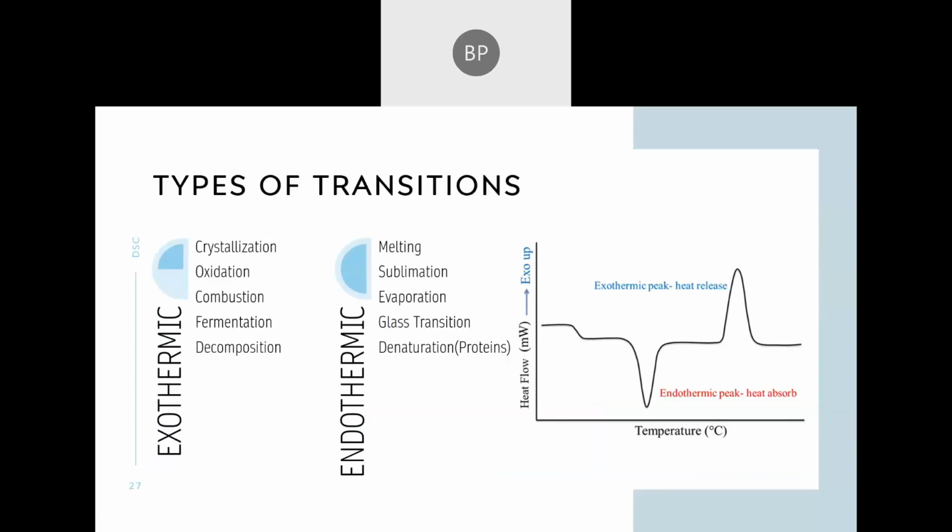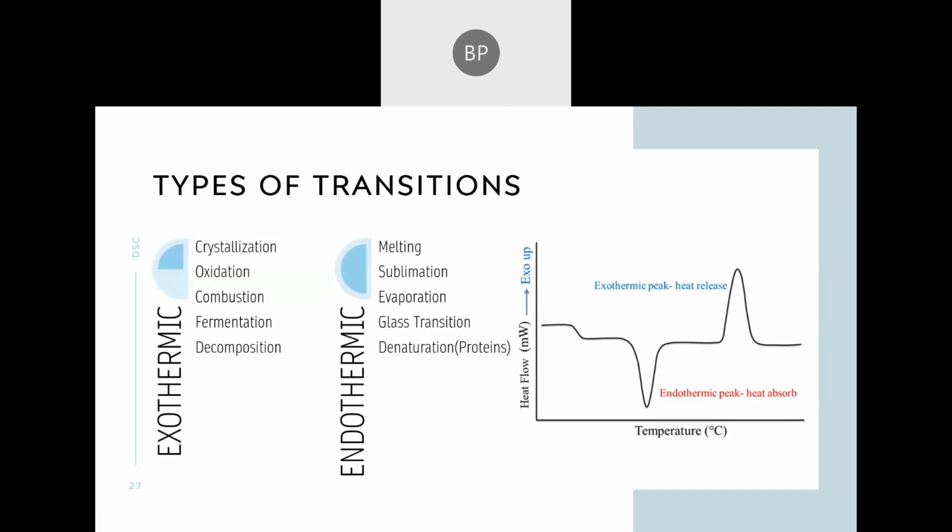Now, coming to the types of transitions. Till now we have discussed the working of the instrument and the working principle. As discussed earlier, the main reason for using differential scanning calorimetry is to observe different types of transitions.